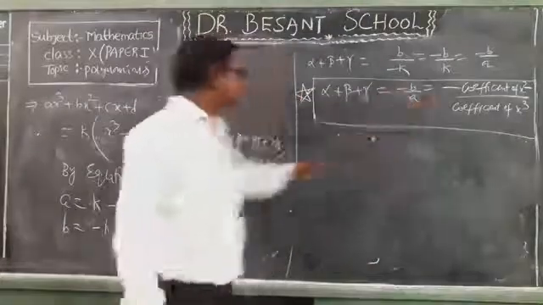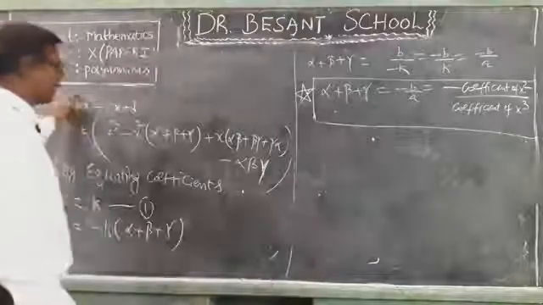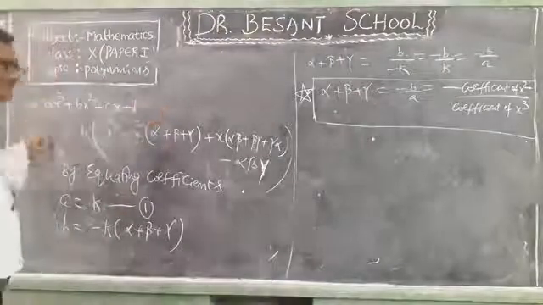That is equal to minus coefficient of x square by coefficient of x cube.